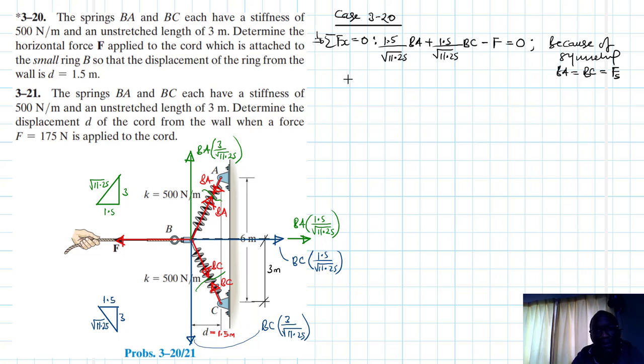Therefore, this just becomes 2 by 1.5 divided by root of 11.25 Fs minus F. What is our F? This is what we are looking for. F equal to 0. Okay, great. So there we go.